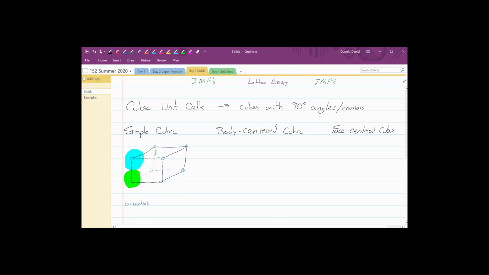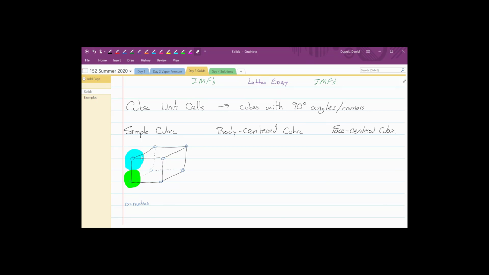Just like this one would touch there too. My drawing is not to scale, I apologize. But that's what we're talking about. So the atoms would actually touch, obviously the nuclei wouldn't. And your book actually has some pretty good pictures of these, believe it or not.